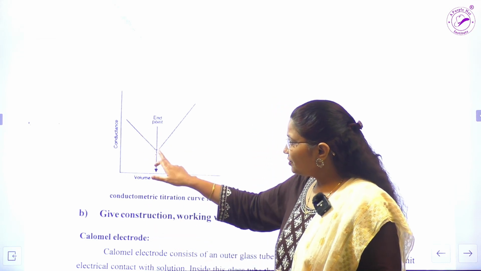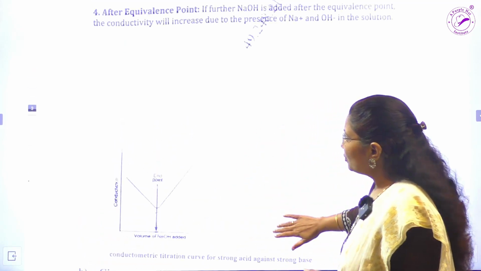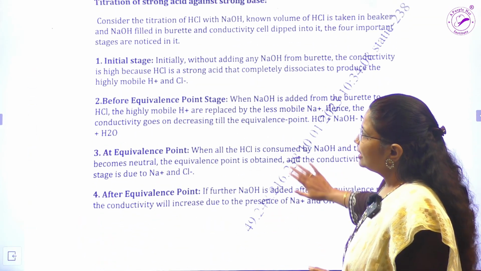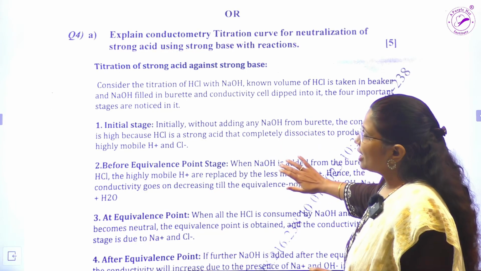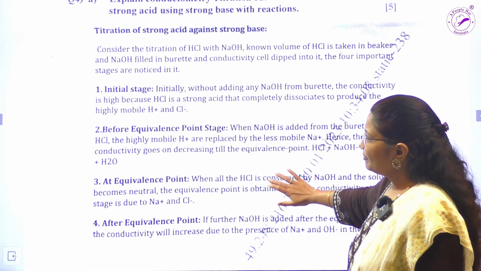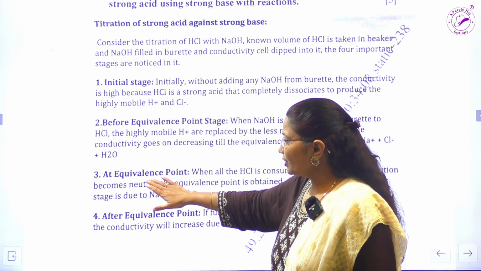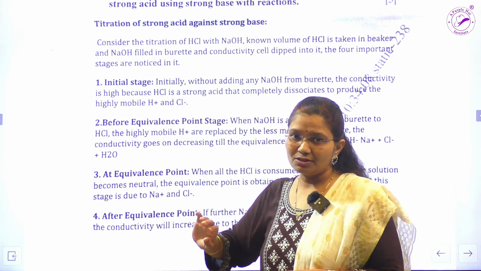So this is how you get the V-shaped graph. The important things you have to write are the stages, mainly 3 stages: before the equivalence point, at the equivalence point, and after the equivalence point.